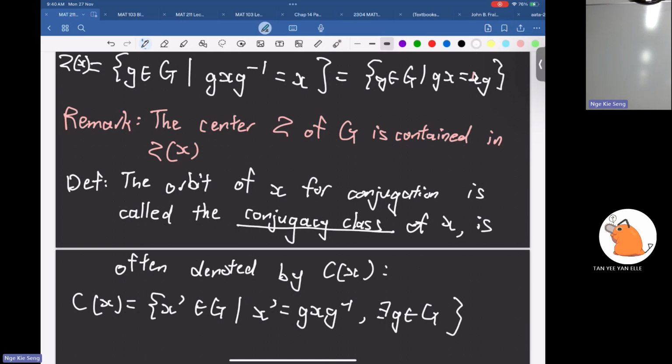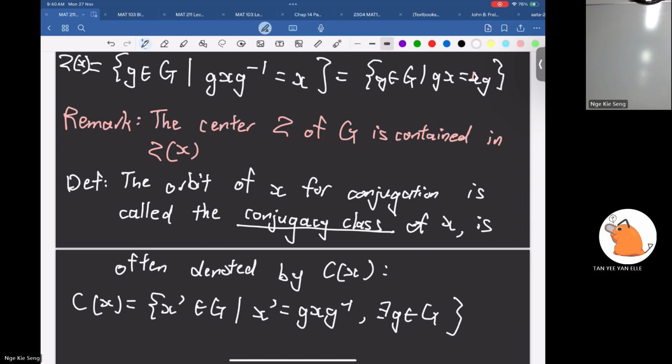So if you take the diagonal matrix D and conjugate with any P inverse, all these A will be living in the same conjugacy class. So matrices with the same eigenvalues belong to the same conjugacy class.